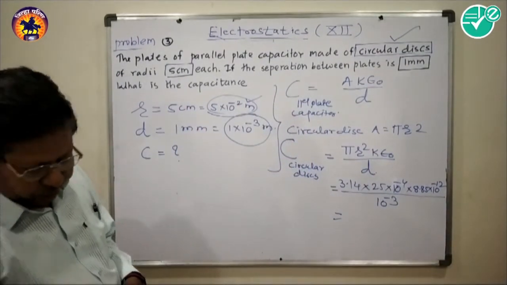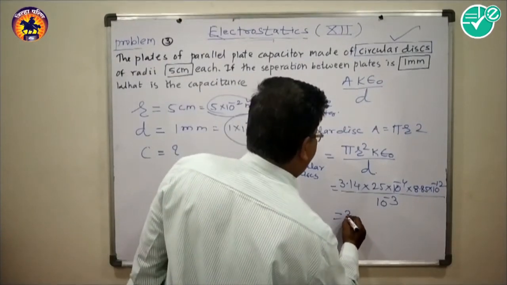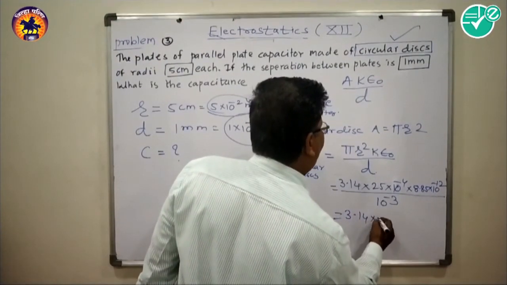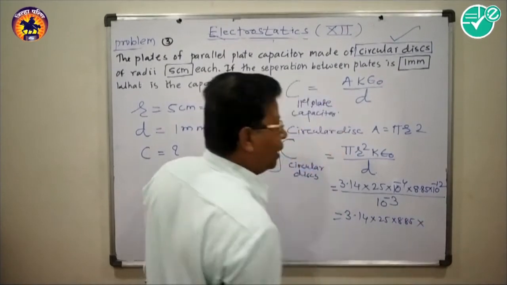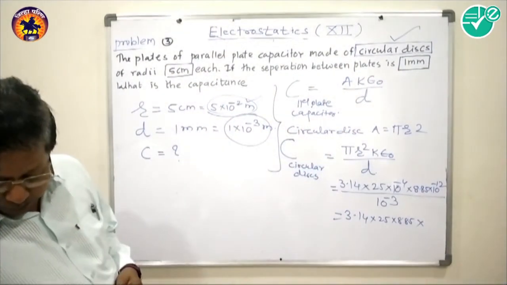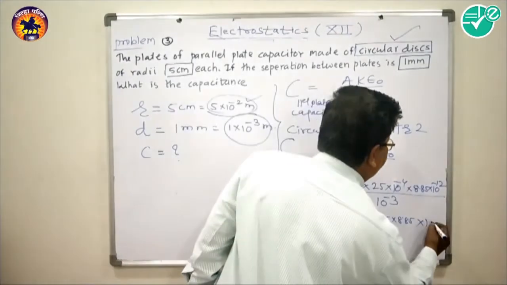And if we calculate this, we get 3.14 into 25 into 8.85 into 10 to the power minus 13.